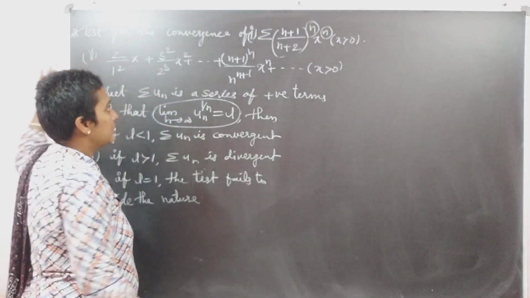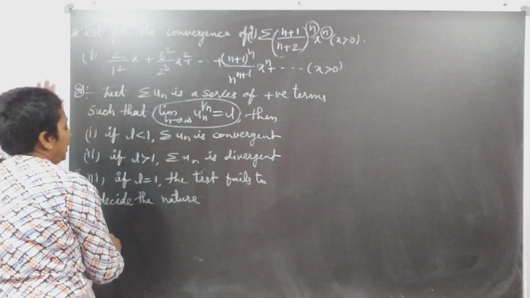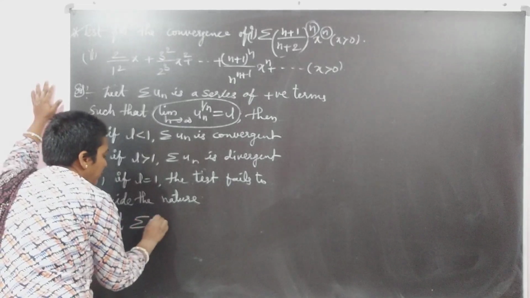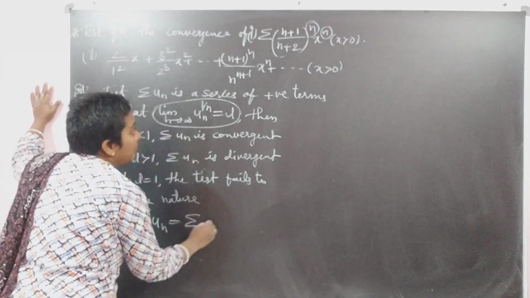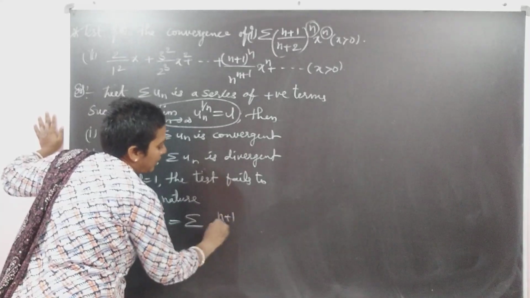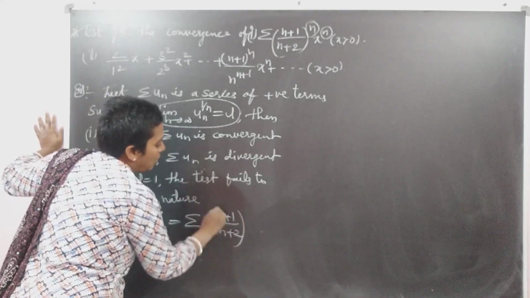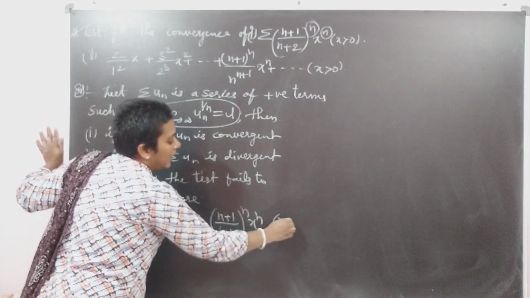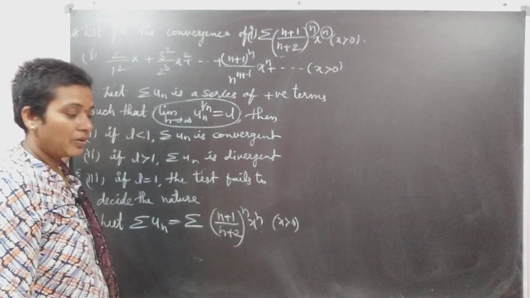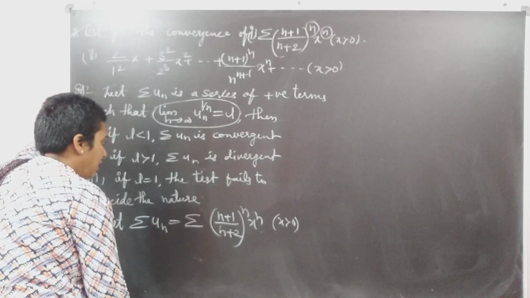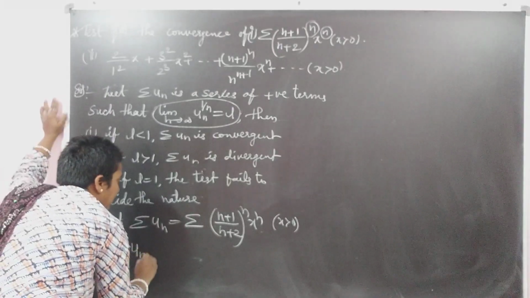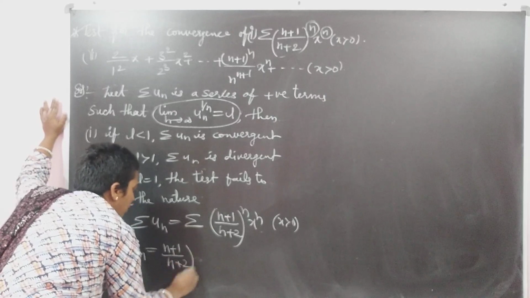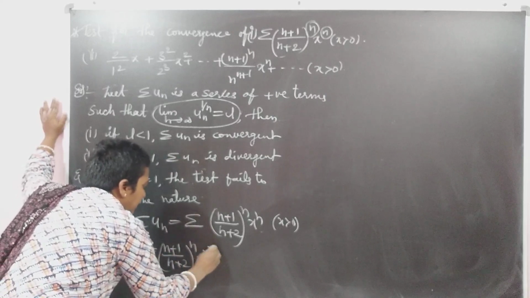In such cases, the given series is sigma un equal to sigma (n+1)/(n+2) whole power n into x power n. Here x is greater than 0. Now un is equal to (n+1)/(n+2) whole power n into x power n.